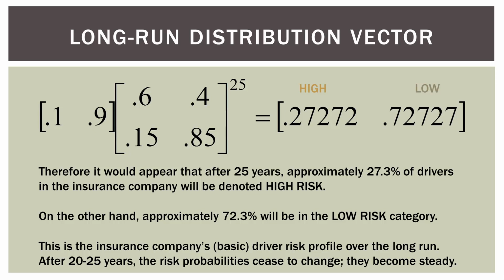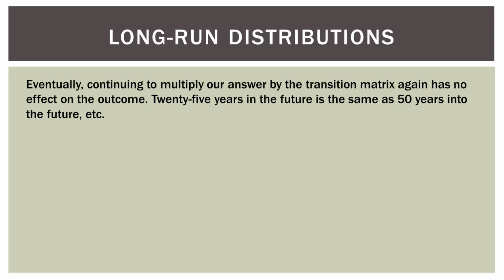So after 20 to 25 years, the risk probabilities cease to change. They become steady. And we actually just showed that, or sort of proved it, in the previous slide. So here's what happens.